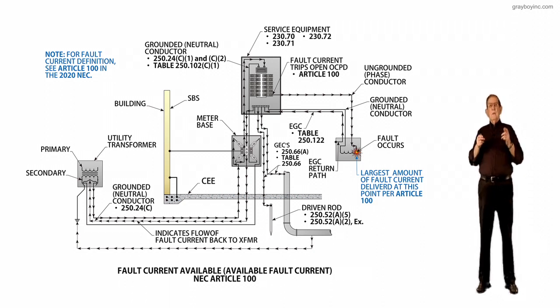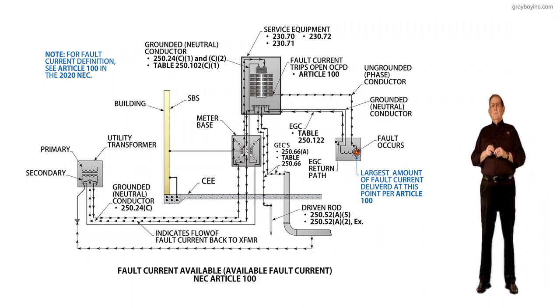Now, as a reminder, for available short circuit current, we would see 110.24, and it states that at the service equipment, you have to calculate the amount of short circuit current that would be there under normal operating conditions, if you didn't know other conditions exist. That's 110.24 of the NEC.